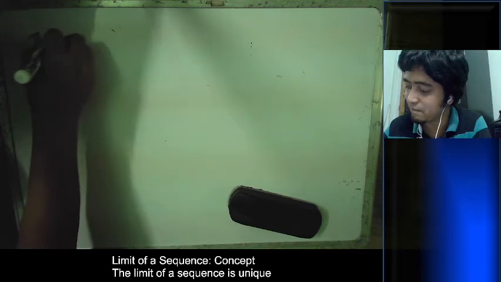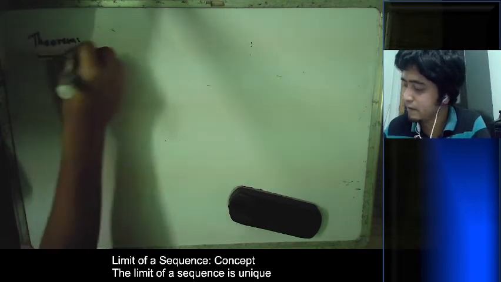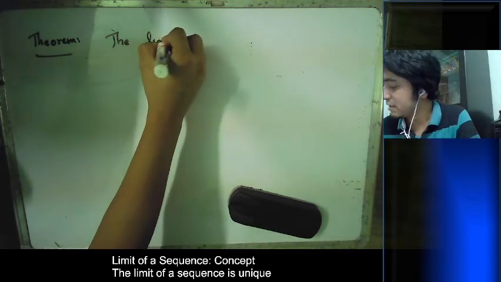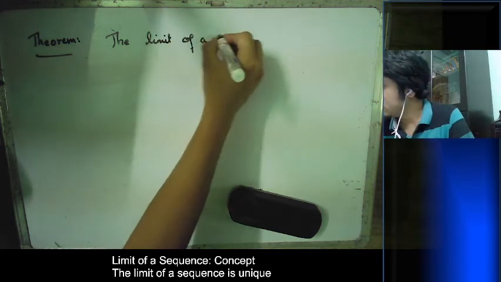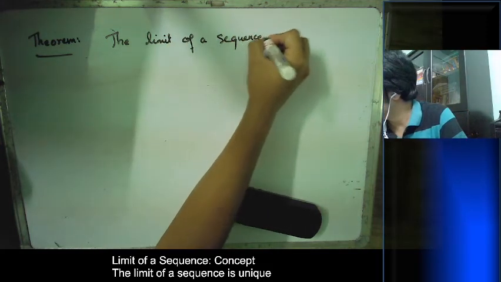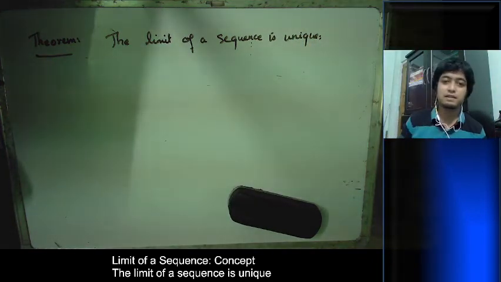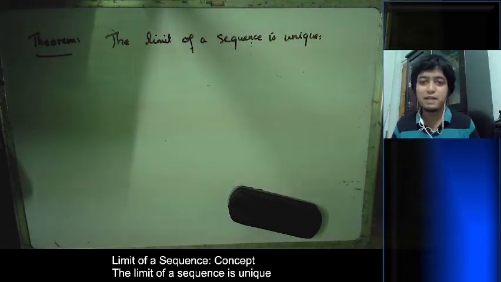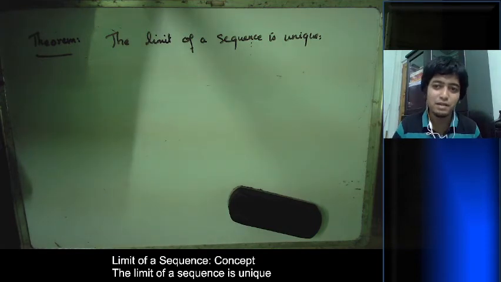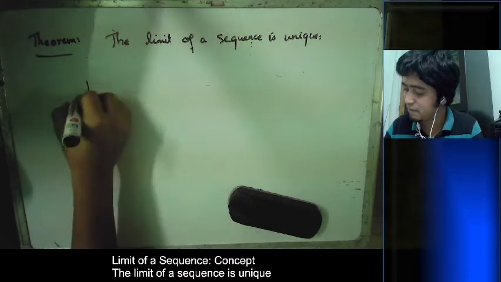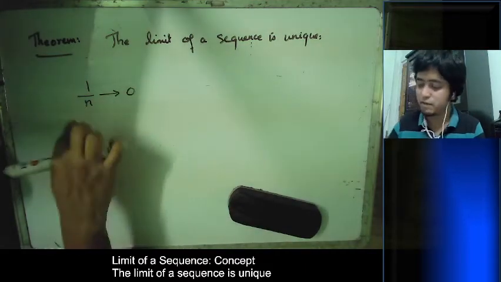prove this theorem: the limit of a sequence is unique. That is, if there is a limit, then there will only be one limit. There cannot be two limits for a sequence. For example, 1/n only converges to 0.